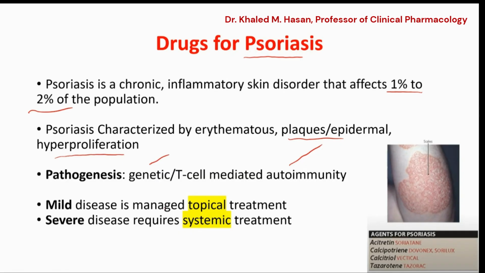The approach for psoriasis is totally different from acne, but some medications can be used for both. For example, I remember Tazarotene and Acitretin, which come from acne treatment and are also used for psoriasis. Please remember, two medications are used for both acne and psoriasis.